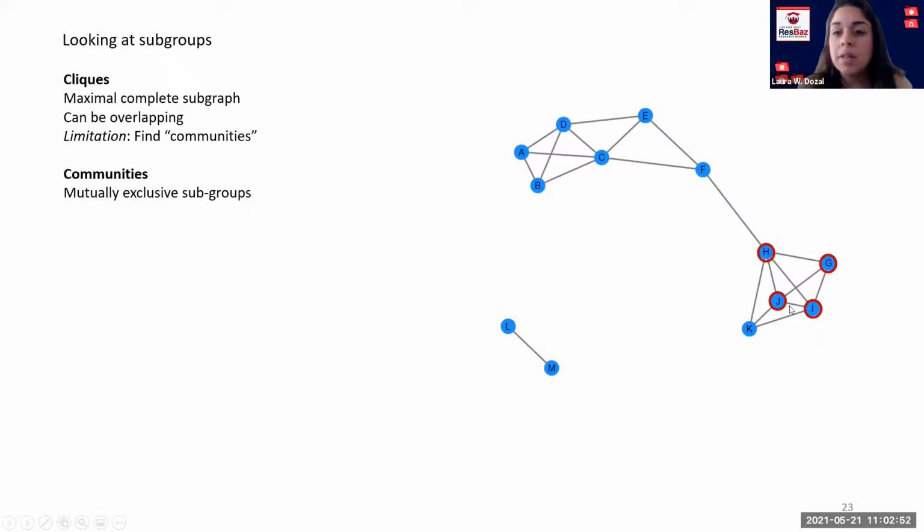So these interconnections are less cliques and more communities, which are thought of as cohesive subgroups that can be shown by fragmenting the network. So here we can show this whole community, including K, as not exactly splitting the network, but becoming its own cluster. And here, L and M are also their own clique.